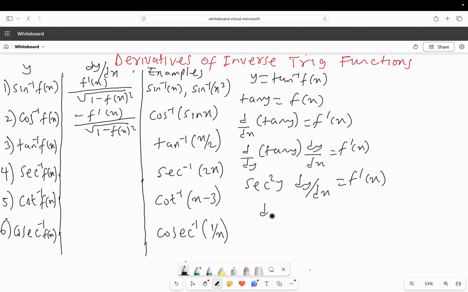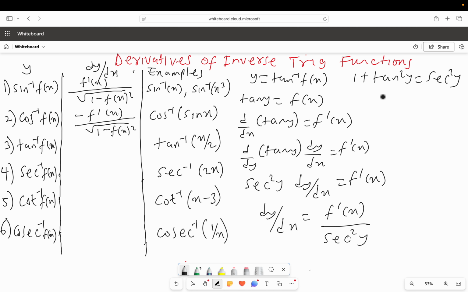So my dy dx is just f prime of x all over sec square y. From my trig formulas, I know that 1 plus tan square y is just sec square y. But my tan y is just f of x.